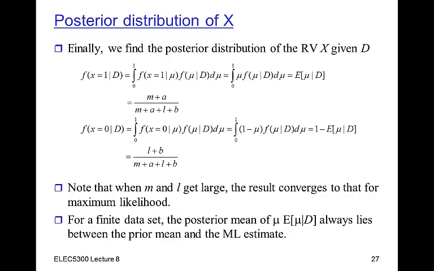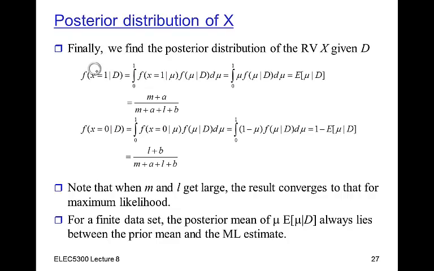And so let's take a look at the probability distribution function over x, given the data D and our original assumption about the probability distribution over mu, which was determined by a and b.